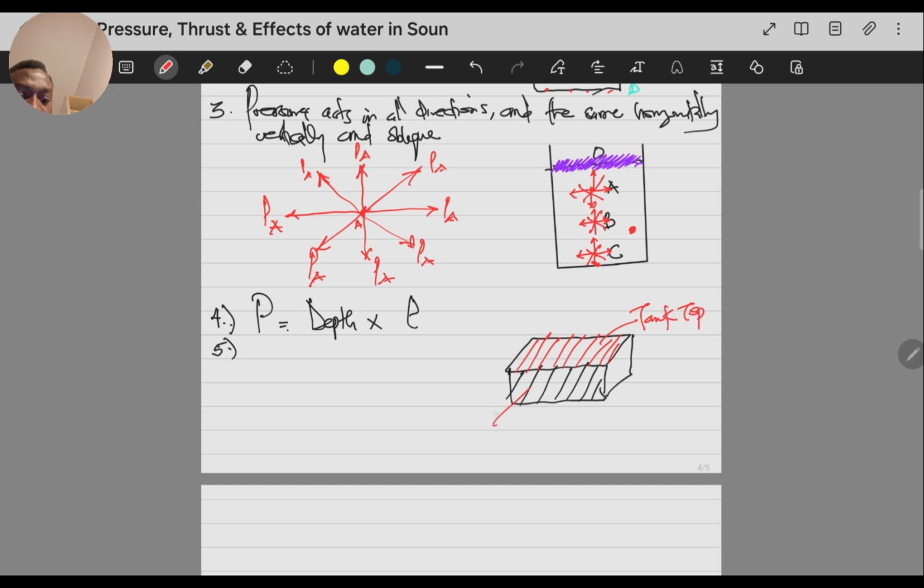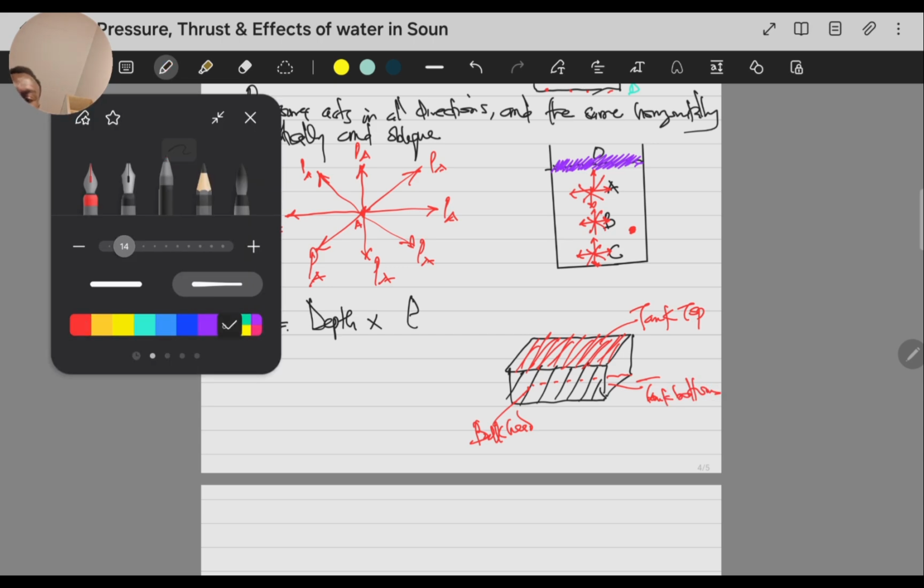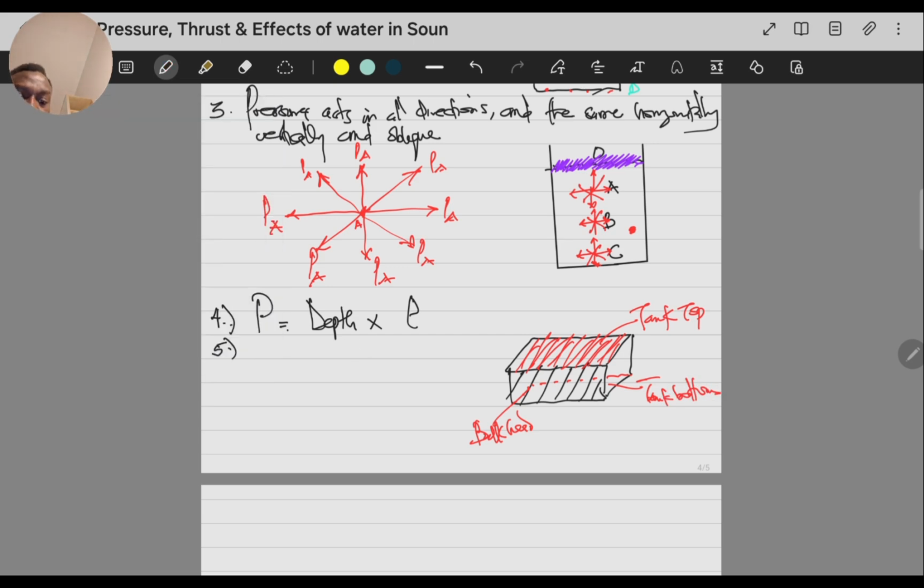And if it's the bottom of the tank, we say tank bottom. So it's important to note here that, first of all, you understand the question. If it's a tank top, it means we want to determine the pressure here. If it's a tank bottom, we want to determine the pressure here.